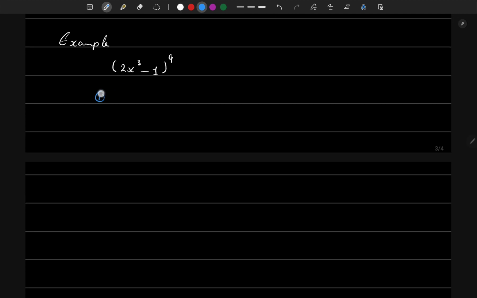Let us find, number 1, the middle term, or terms if they are 2, and number 2, let us find the term that contains x to the power of 6, or the terms that include x to the power of 6.